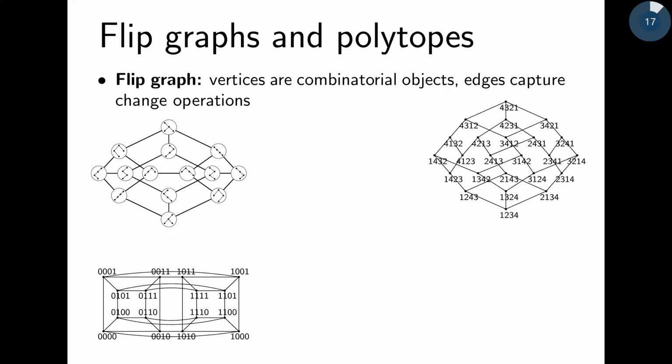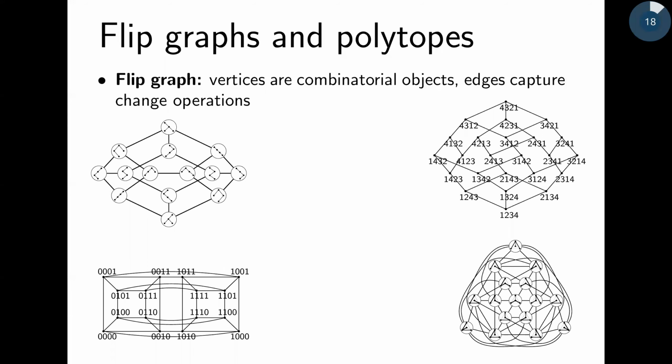And this is the flip graph of binary strings of length 4 under flipping a single bit. And the last example is the flip graph of spanning trees of K4 under edge exchanges. So the objects are the spanning trees and the edges capture changing one edge in the spanning tree.